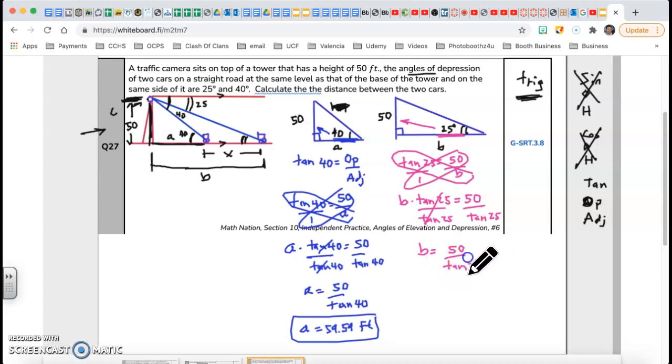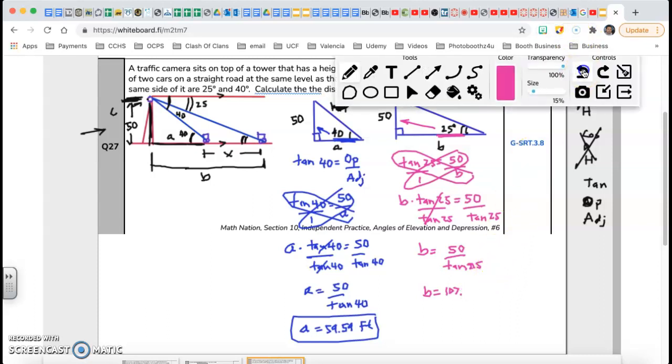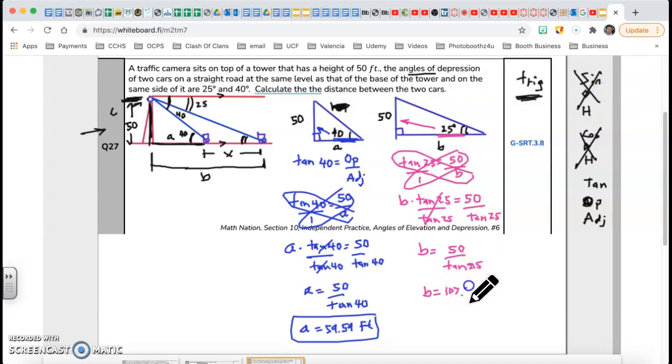Whenever you're putting this into a calculator, make sure your calculator is on degrees. 50 divided by tangent of 25 is 107.23 feet, because those are my units.